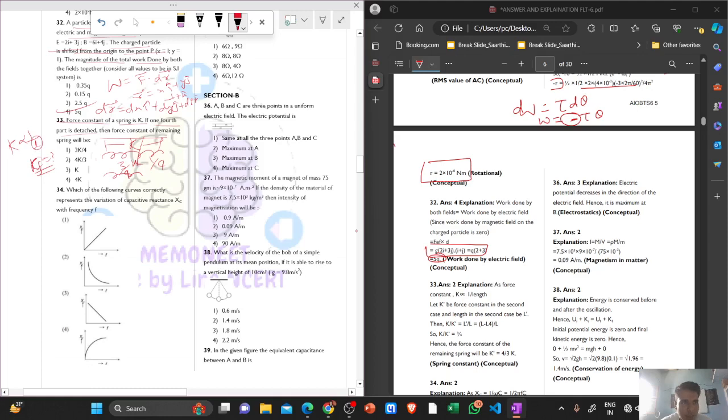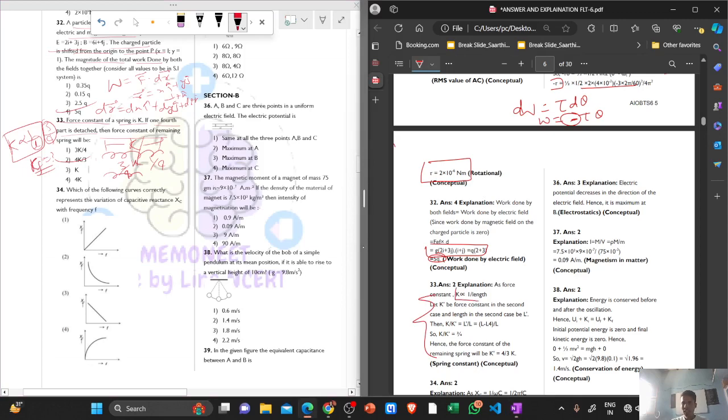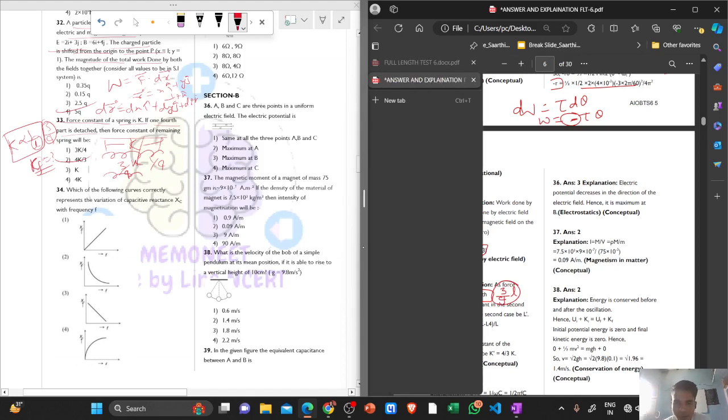As the length becomes 3 by 4, K will become 4 by 3. As the length is more, K is less. So as only 3 by 4 length is available, K will be 4 by 3. Now moving to the next question.